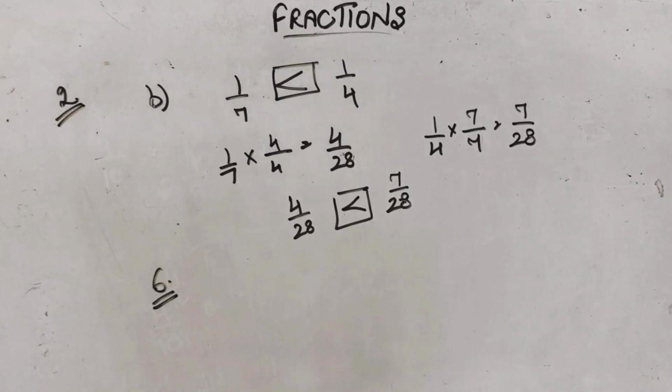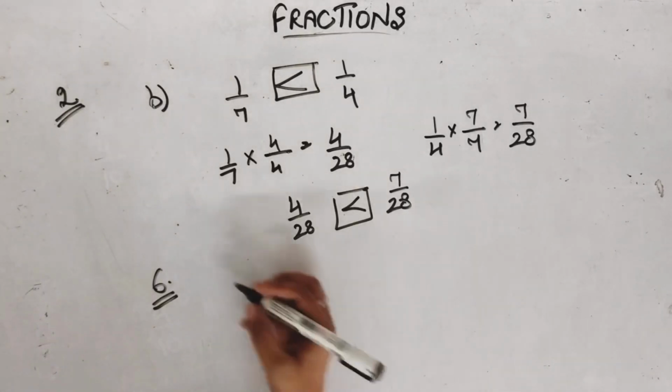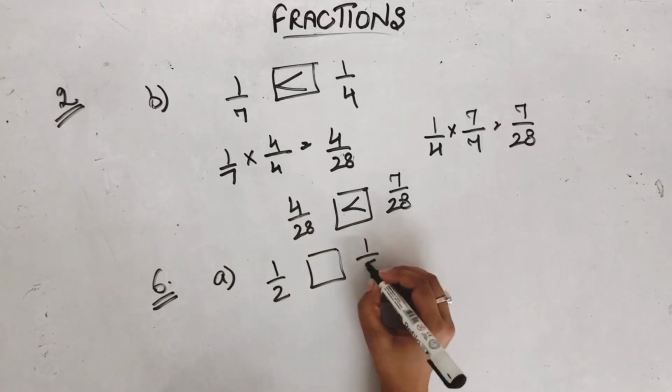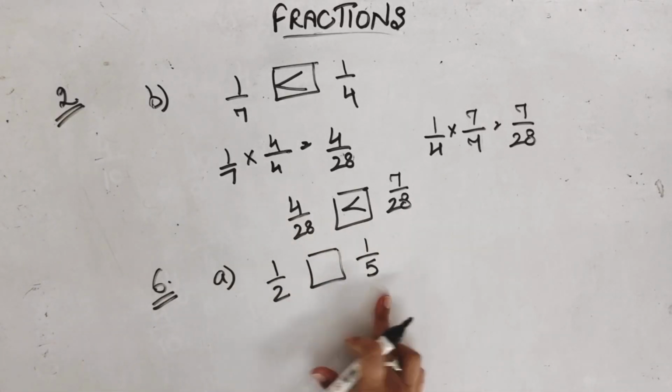Sixth question, again you have to compare the fractions. If they are like fractions, just compare the numerators, and if they are unlike fractions, first convert them into like fractions. I am doing the first part, 1 by 2, 1 by 5. LCM of 2 and 5 is 10.